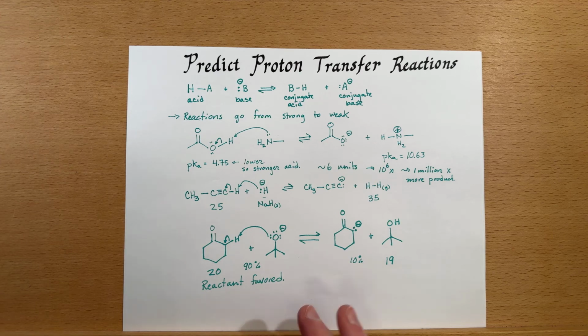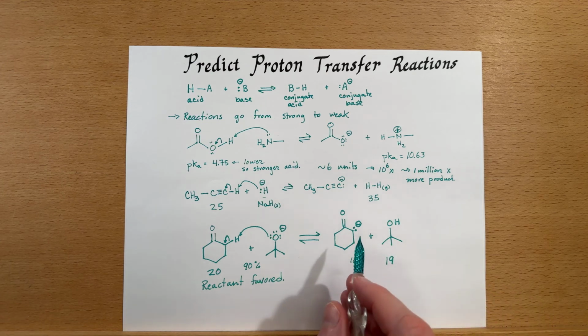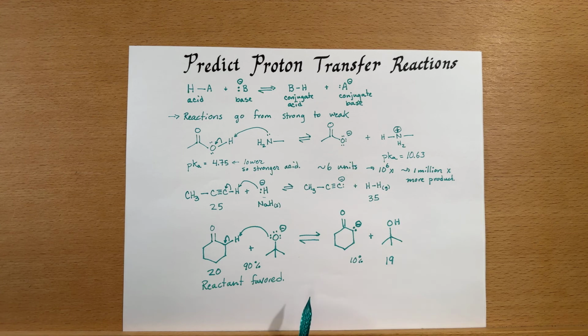And we can examine that at another time. But just know that sometimes we do like our reactions to be reactant favored, and it's not because we don't want product, it's because we want a particular product. And then we'll choose other reaction conditions to help force the reaction along.